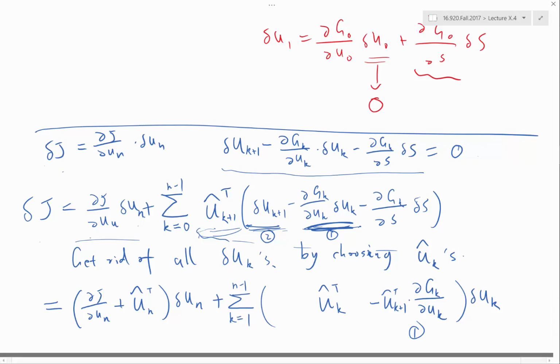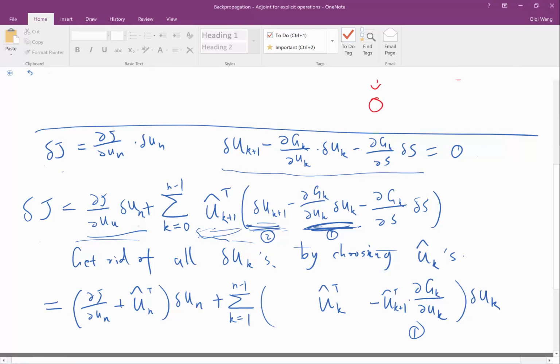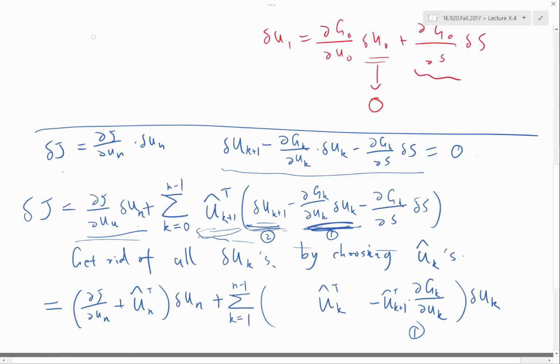Okay, so we have taken care of this term, this term, this term. The only term left over is whatever is not dependent on the intermediate delta uk's. So the last term, after the elimination, is going to be the only term standing.